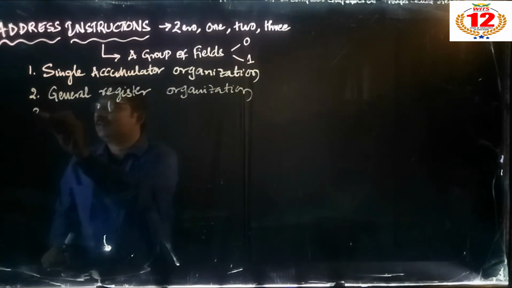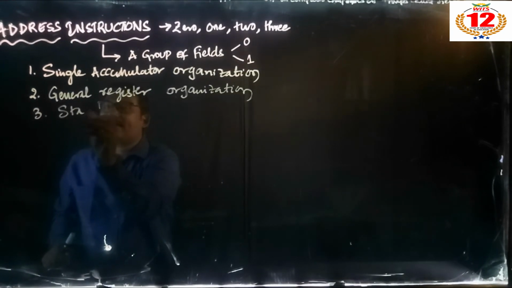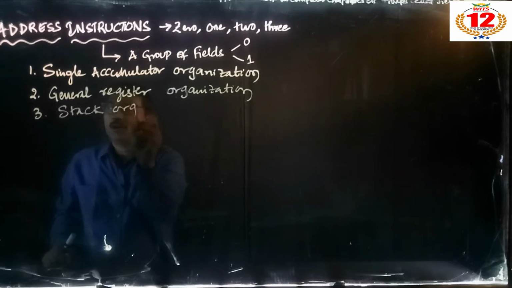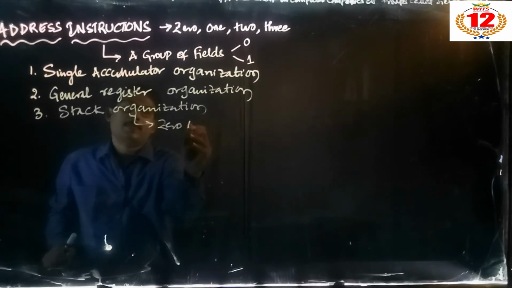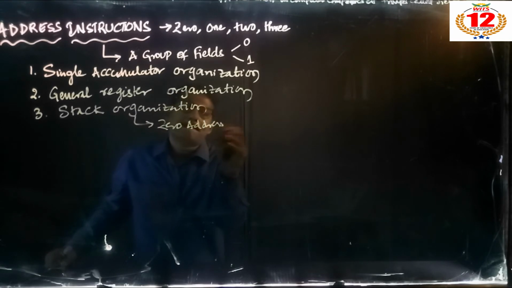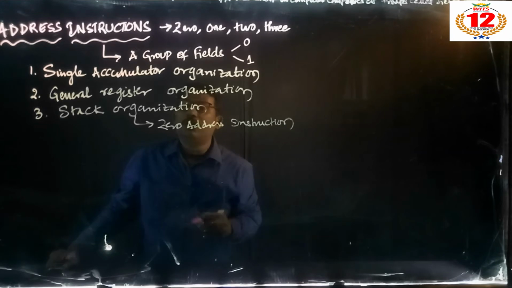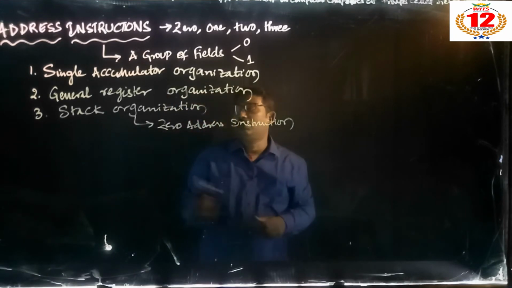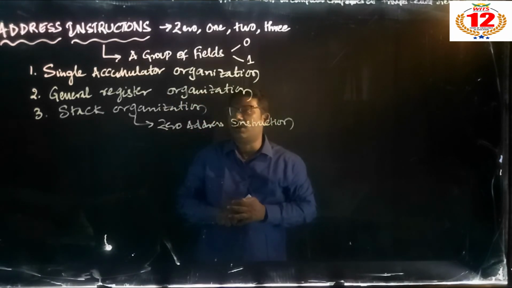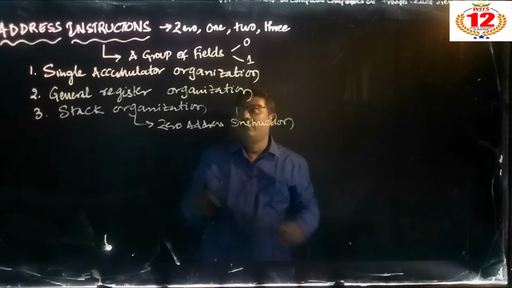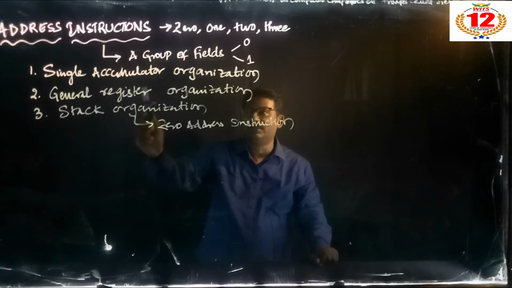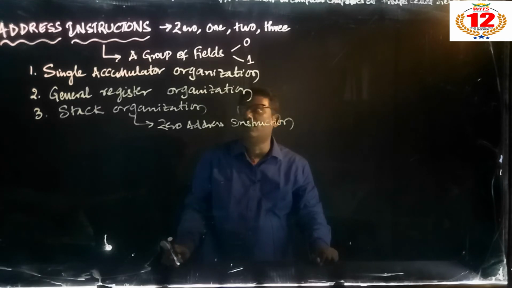The third one is stack organization. In the 0 address instruction, we are going to see the stack organization, whereas we would use accumulators and registers in the others. The method we are going to follow is the stack organization.